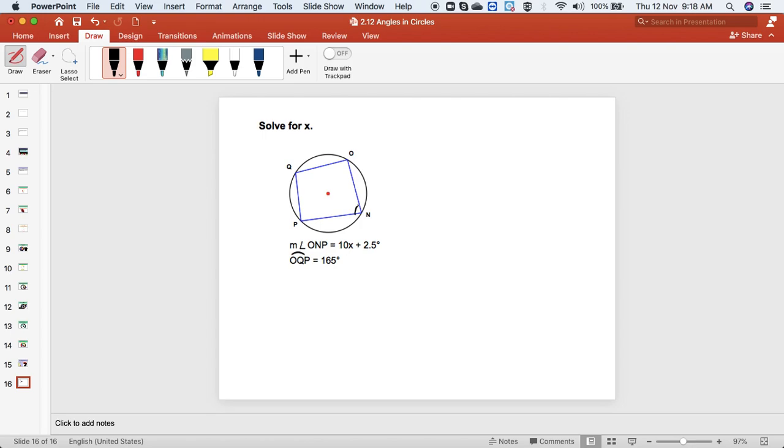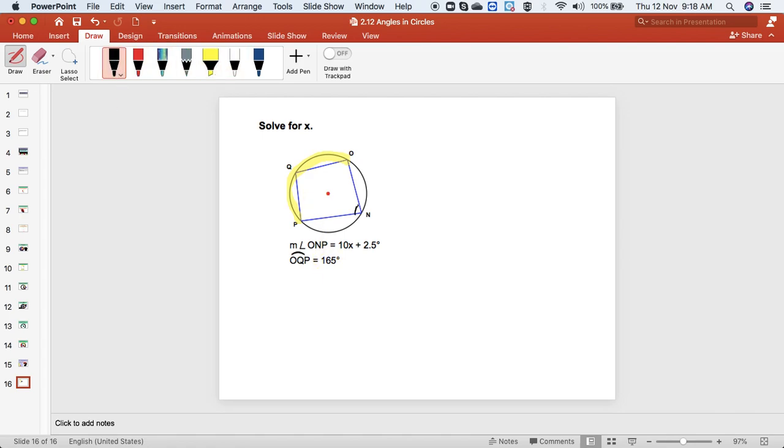Another given is the measure of arc OQP. So this arc, the measure of arc OQP is 165 degrees.